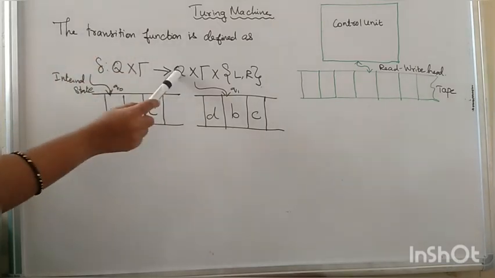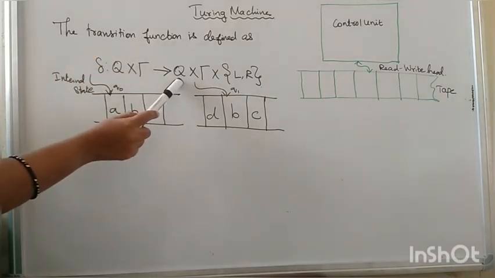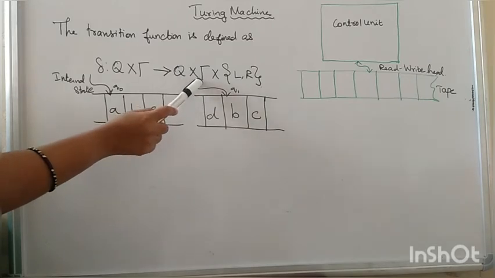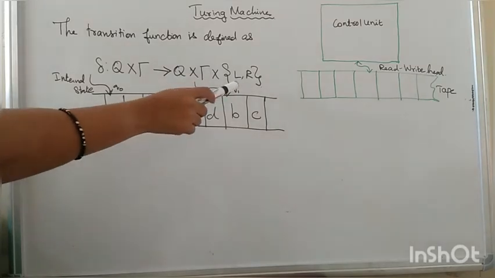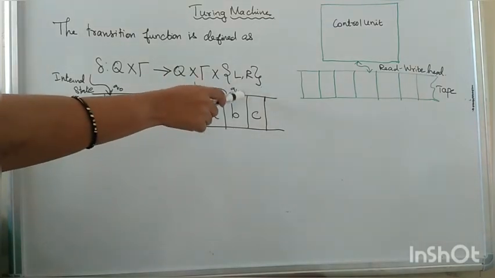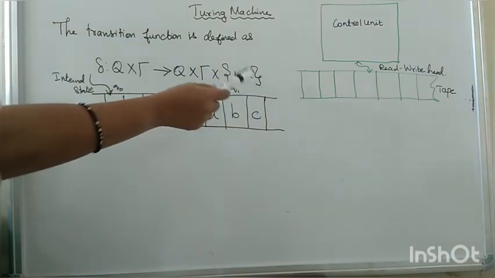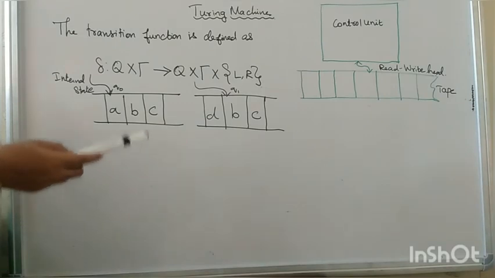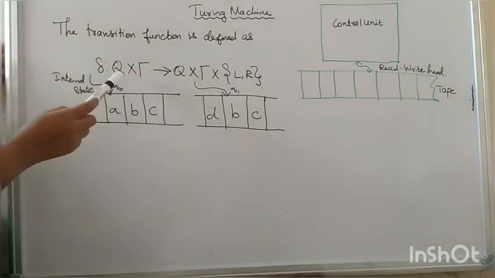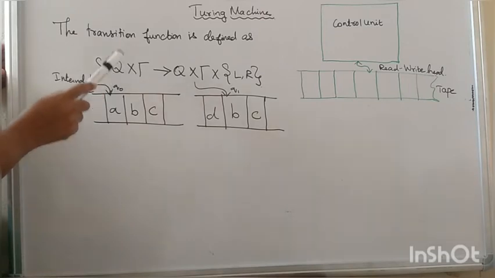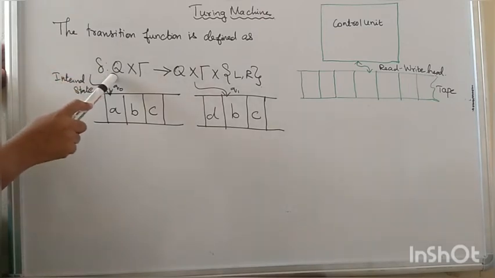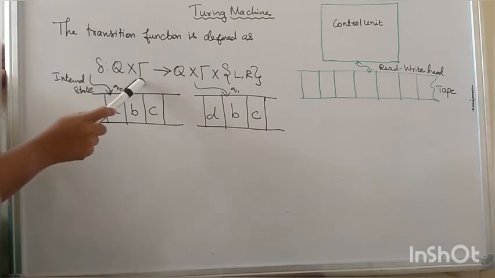And the result is the new state of the control unit, the new tape symbol, and the movement of the read-write head, whether the move symbol is left or right. So the transition takes the argument as the current state of the control unit, this is the input internal state, and this is the tape symbol.